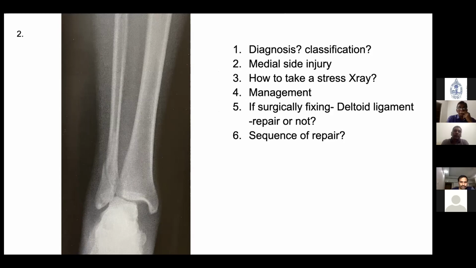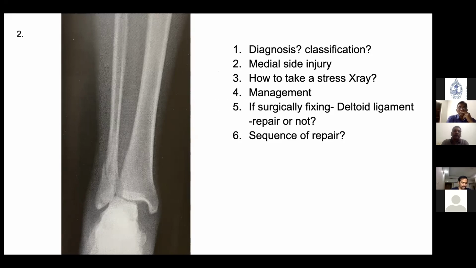So what could be the classification? Under which heading does this fracture come? Can you classify this fracture? Weber classification and Lauge-Hansen classification. Very good. First, the Weber classification.